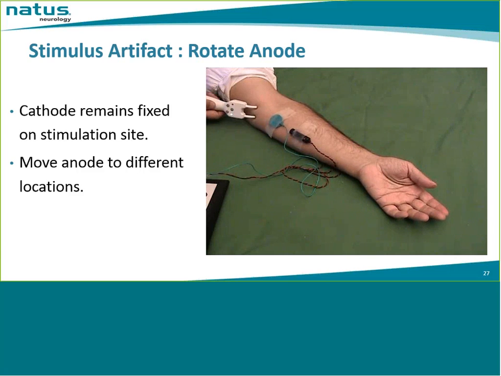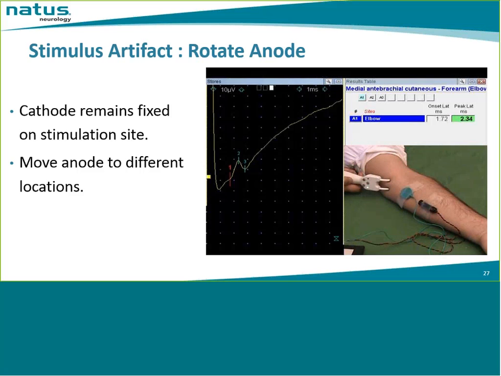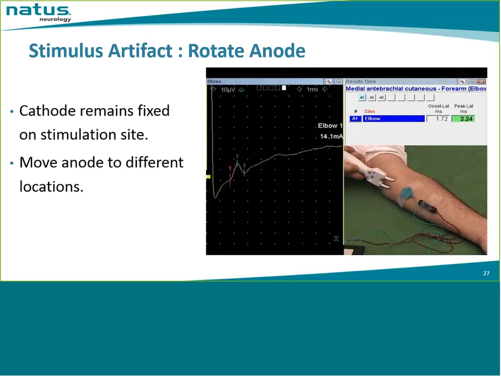The artifact didn't interfere with the sensory nerve action potential at all. So the technique is cathode remains fixed on the stimulation side, and the anode is moved to different locations. As I go back to my original position of the anode, we have the artifact. Rotate the anode, the artifact becomes less.